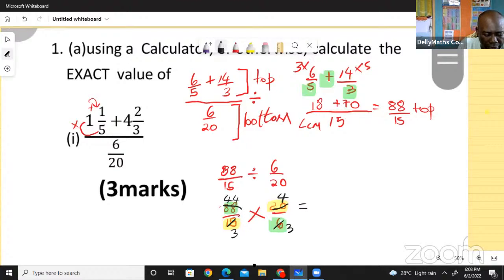So we want to multiply 44 times 4, and I'll get 176. And that is going to be over 3 times 3 at the bottom, which is 9. So basically, that is our response. Our answer is 176 over 9.